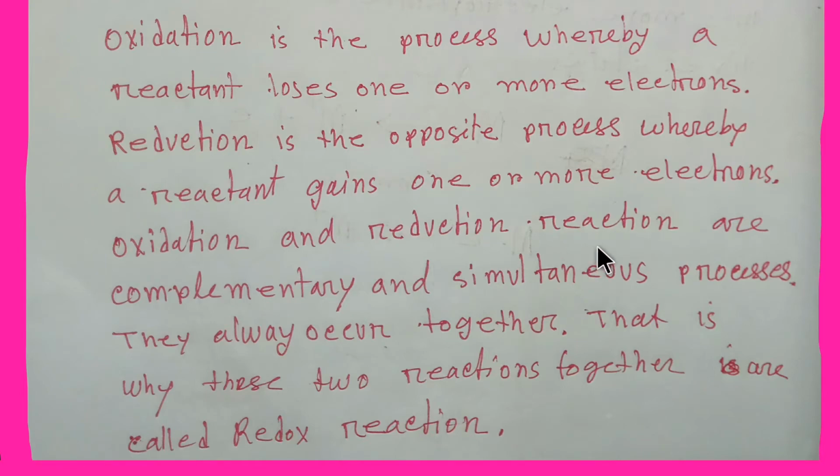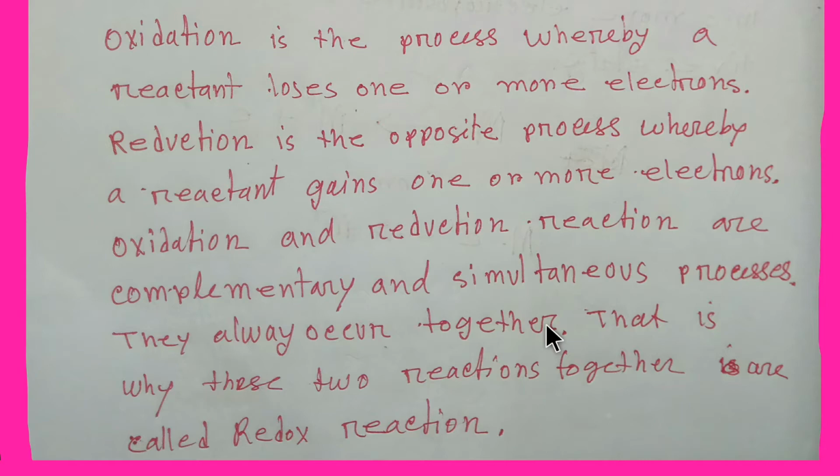Oxidation and reduction are complementary and simultaneous processes, and they occur together. We cannot get only an oxidation reaction. If we get an oxidation reaction, then of course we will get a reduction reaction.